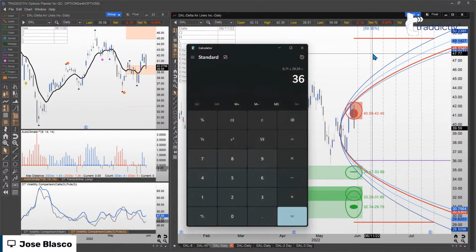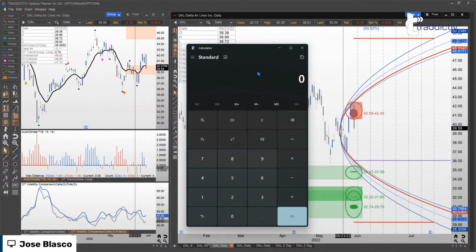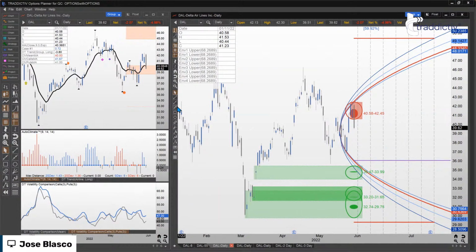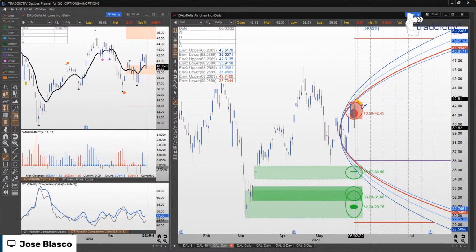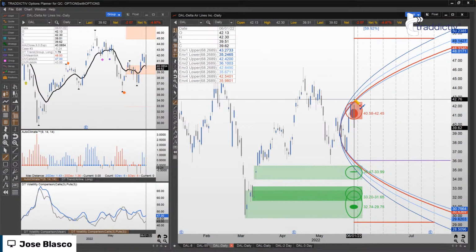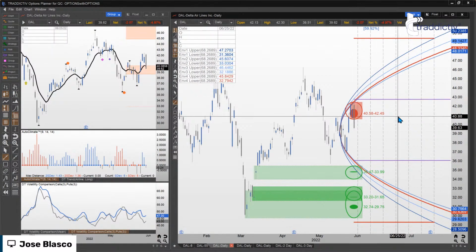And the other third would be the top, 49.45 minus 6.76. That would be 42.74, which is more or less here. So in other words, upper third, middle third, lower third.